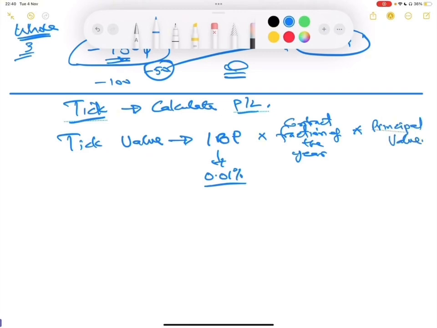which is your loan value, which will be given anyway for each contract in terms of the value of the contract. So take for instance, say there's a contract value of, remember, interest rate hedge will always have a principal loan, of $500,000, and let's say this is for 6 months.